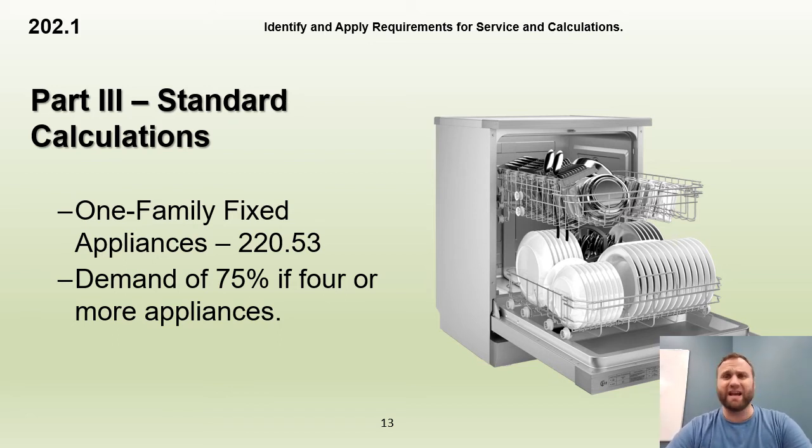Not every appliance is going to have a neutral, and you'll know this based on the voltage. Remember to keep that in mind. If it's a 240 volt piece of equipment, not a 240/120, then it doesn't have a neutral. So keep that in mind. Add all of your appliances together, and if it's 4 or more, apply a percentage of 75% to it.